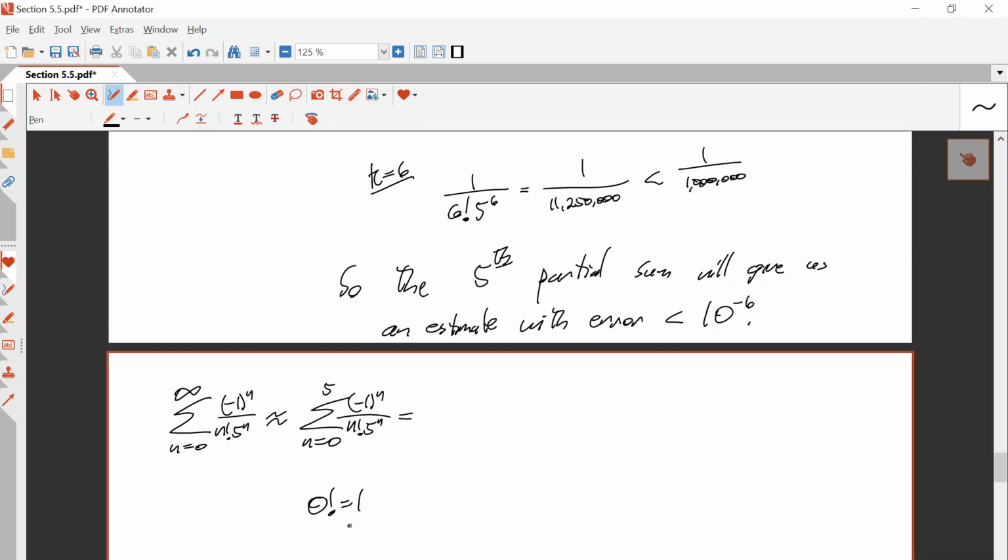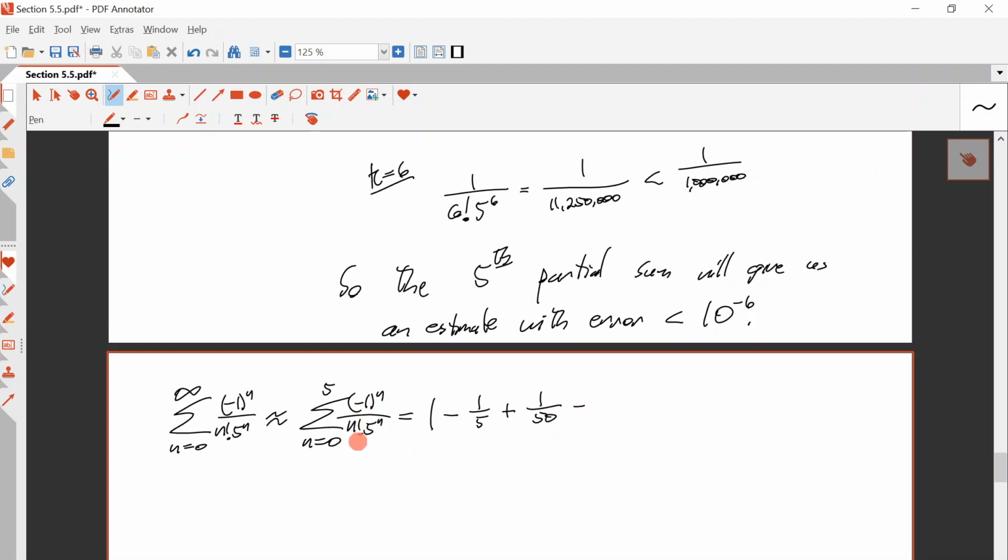Okay, it's not 0. 0 factorial is 1. That's by convention. Right? So for 0, this is just 1. Minus at 1, it's a fifth. Plus at 2, this is 2 times 5, that's 1 over 50.